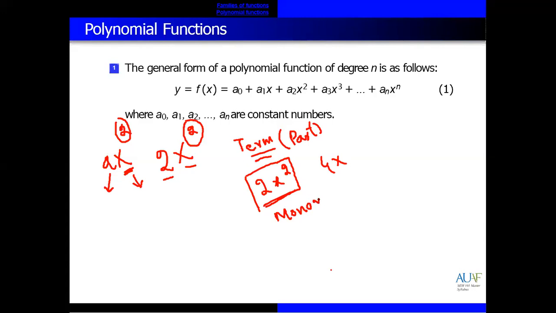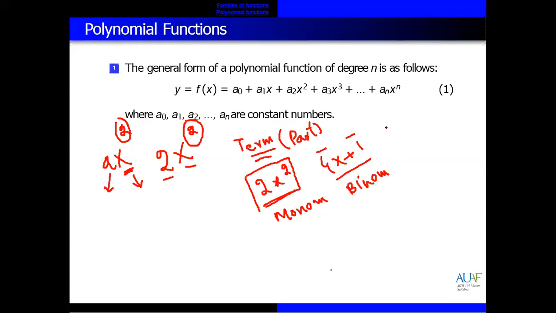Correct? If we write 4x with 1, so this is two terms. 4x plus 1. 4x is separate and 1 is separate. So this one is called binomial. Bi means two. Nomial means parts. So an algebraic expression having two parts is called binomial.